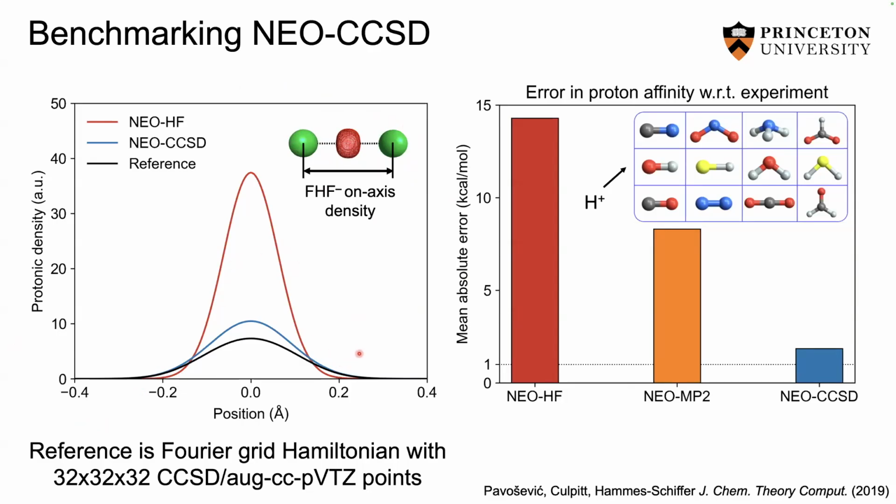So the red line here is what we get if we do NEO-Hartree-Fock. And the black line is our more or less exact reference that we can do for small molecules like this.